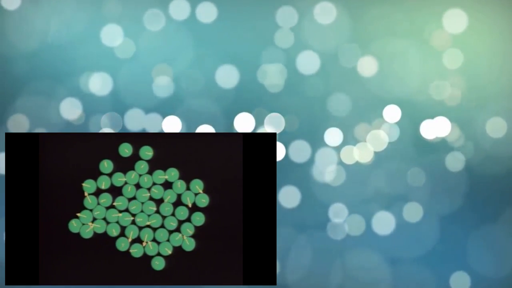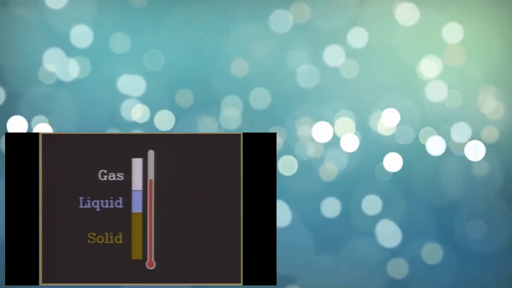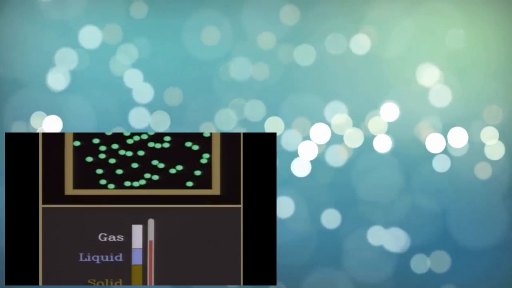Now the molecules are much less orderly and flow easily past each other. Raise the temperature further, and liquids evaporate into gases. A state in which molecules don't adhere to one another, but bounce around instead.